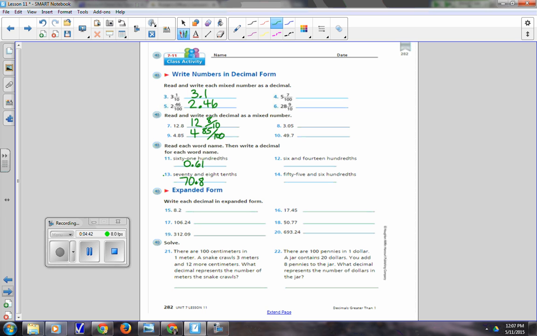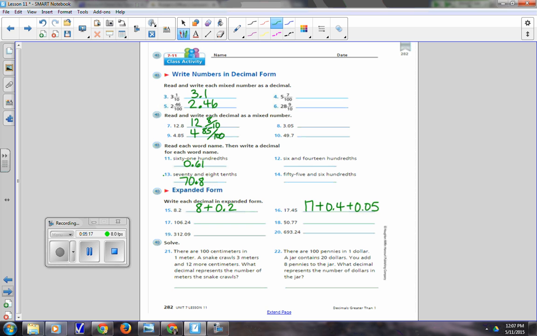Write each decimal in expanded form, which we've not done much of. When we're doing expanded form, remember you're thinking of the place values. So you're going to say 8 plus 2/10. Let's try 16: 17 plus 4/10 plus 5/100.